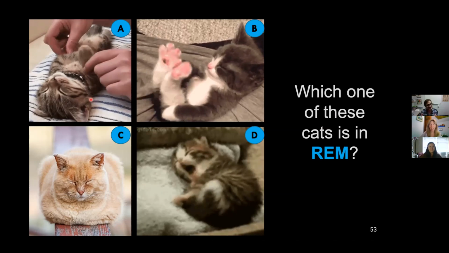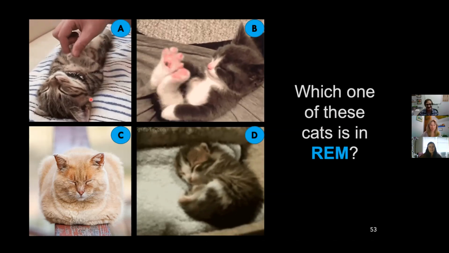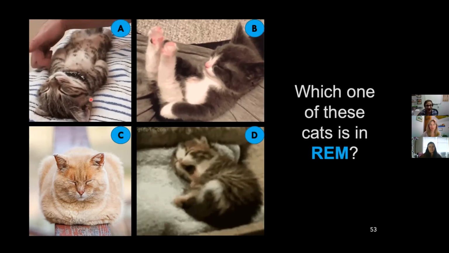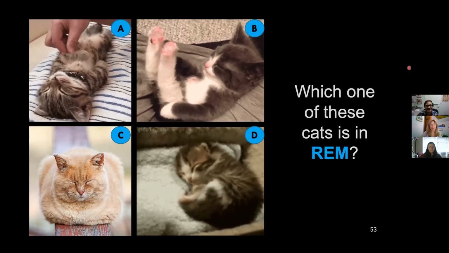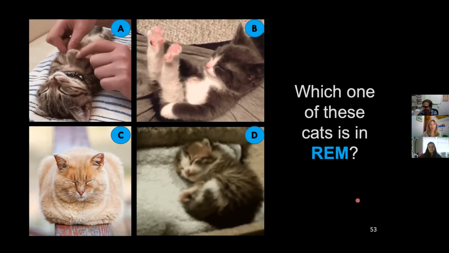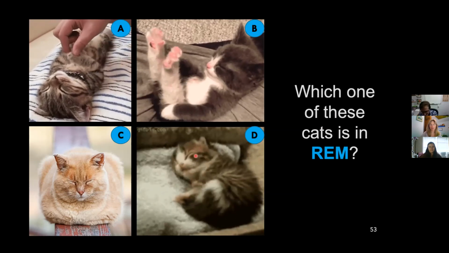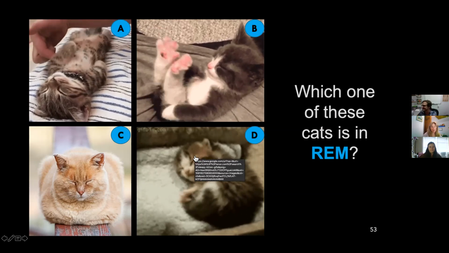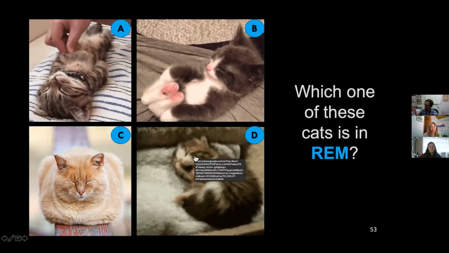A is the correct answer, and I'm curious, put it in the chat why people picked A. I'll just give away the answer here. You can see that kitty is incredibly floppy in A. It is like a wet noodle.